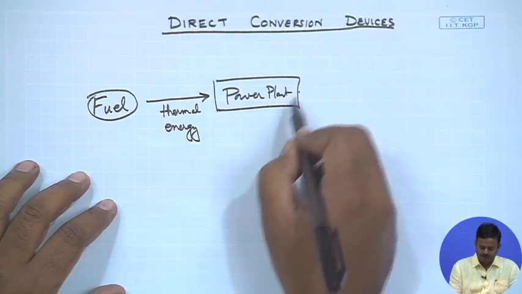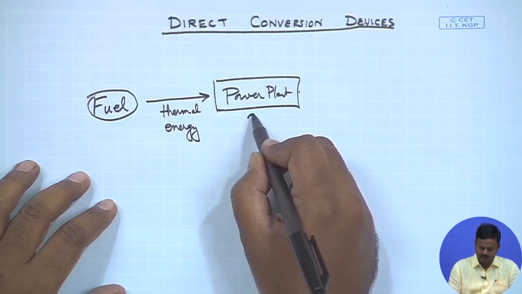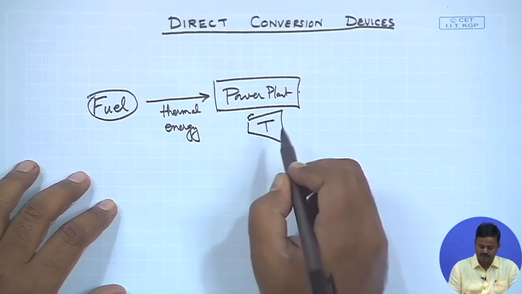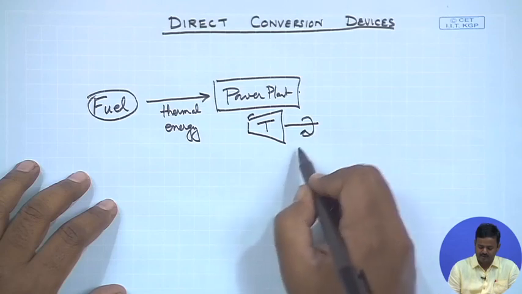What we have is a turbine, right. So, we have a turbine here from where we generate mechanical work.